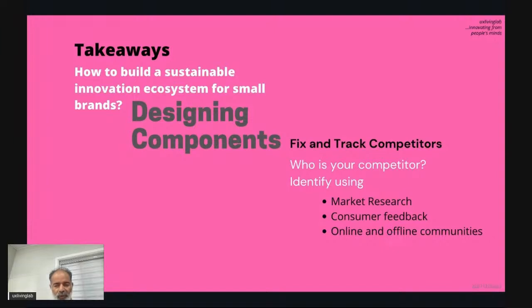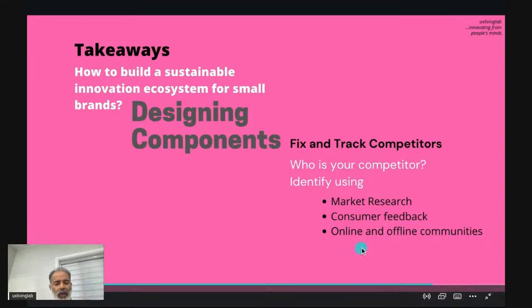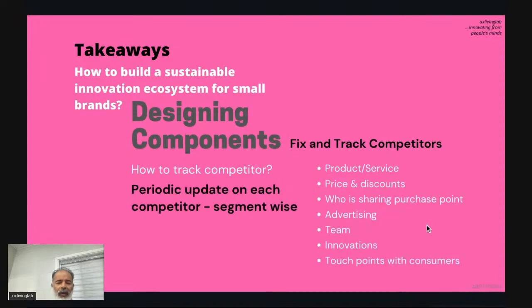The best option is to build channel partners to give this information. Market research from shops, and consumer feedback also, can give a lot of information, because they are the people interacting with consumers. Still, you can interact with consumers yourself, and keep track of online and offline communities.